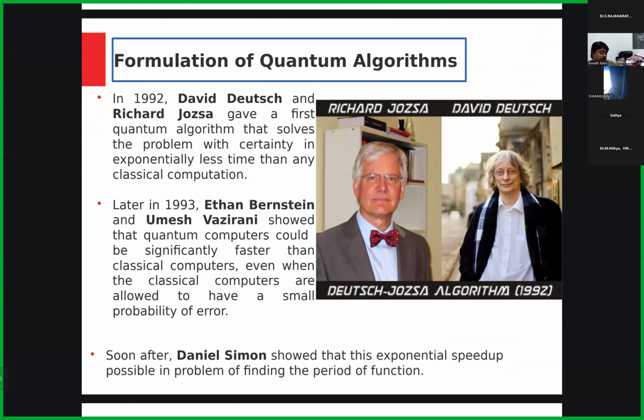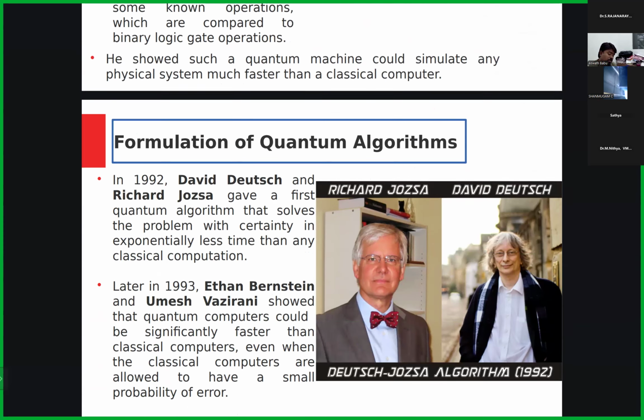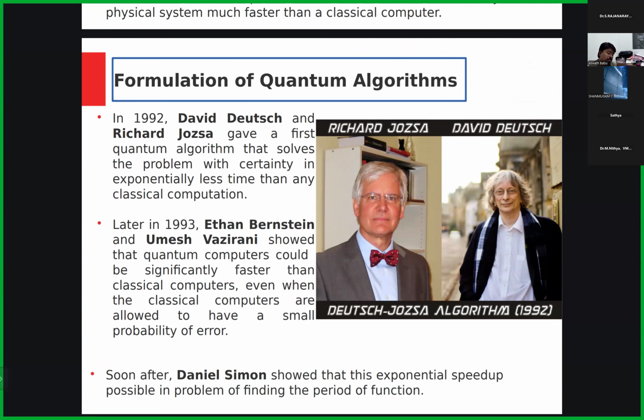Then in 1992, David Deutsch and Richard Jozsa together gave the first quantum algorithm where one can do some kind of computing. So the theoretical formation of the quantum computer was given by Deutsch, and then Jozsa joined him and came up with a quantum algorithm.